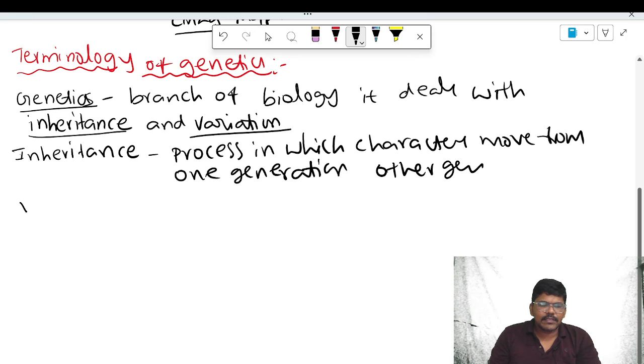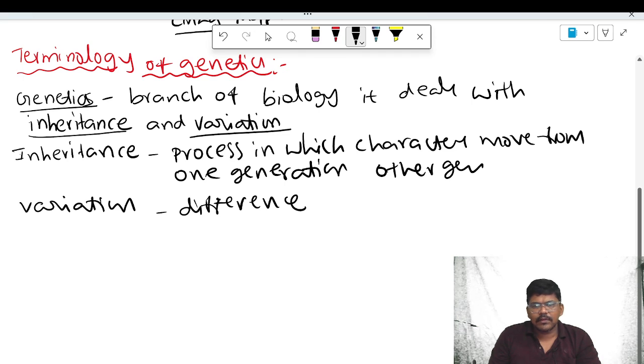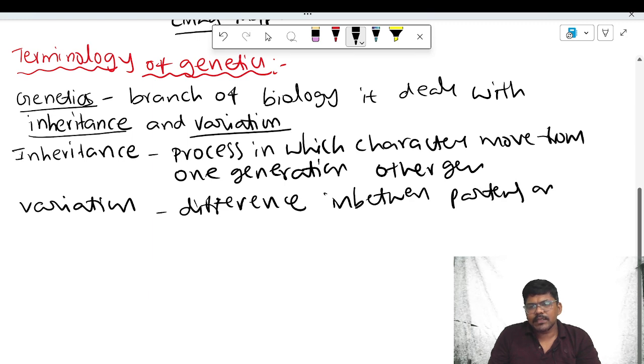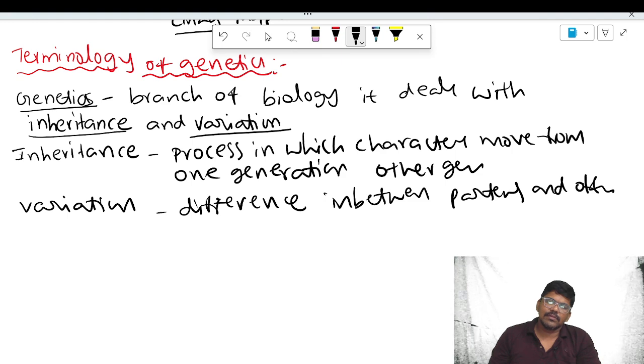Next, variations. Variations means the difference between parents and offsprings. We can also say it is the difference among the offsprings.